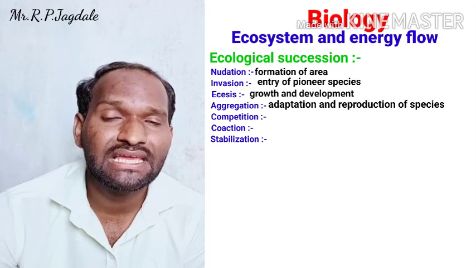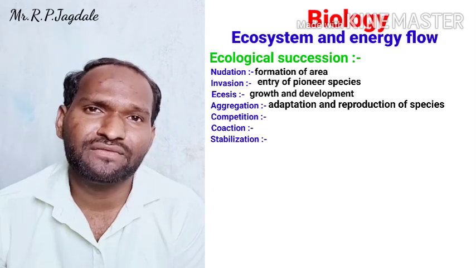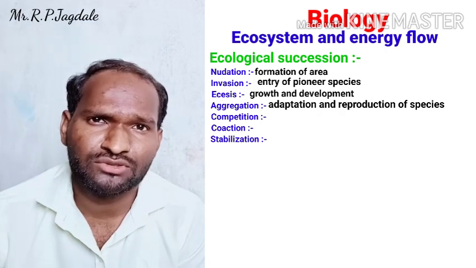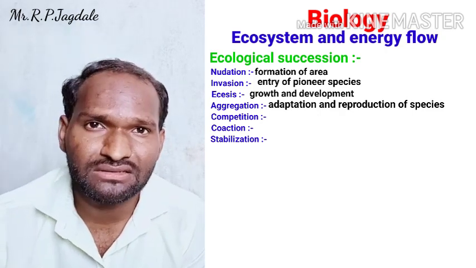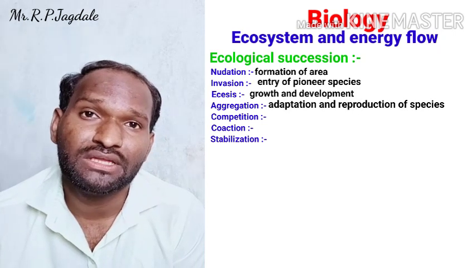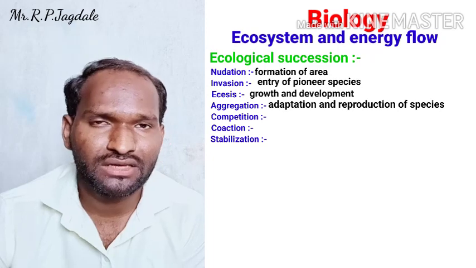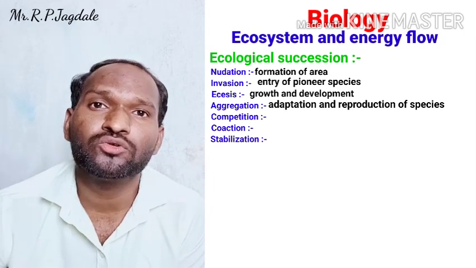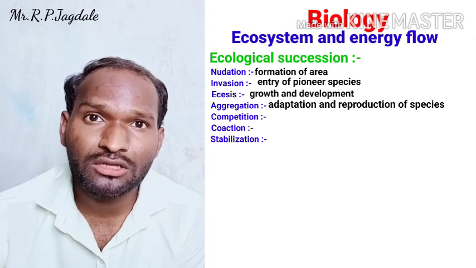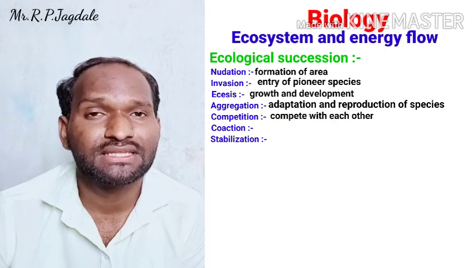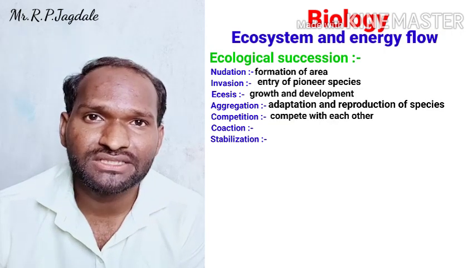And once reproduction starts, many species come there. Now the next step is competition, where the dominant species is going to dominate over all other species, and all other species are going to be depressed.